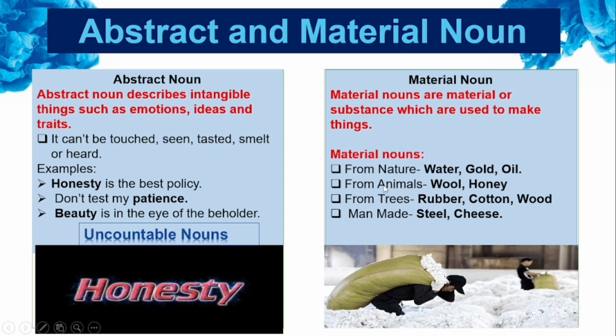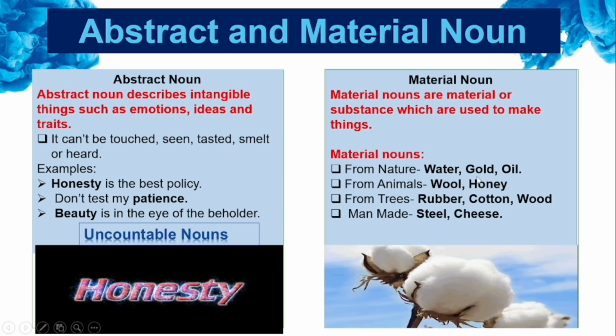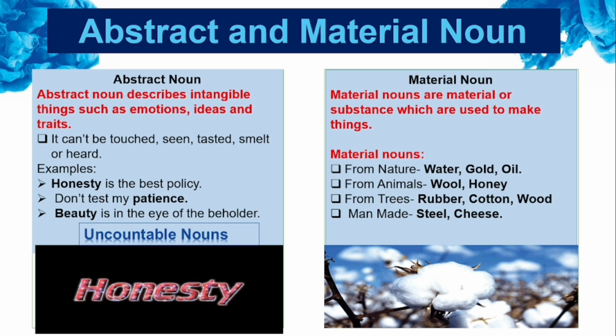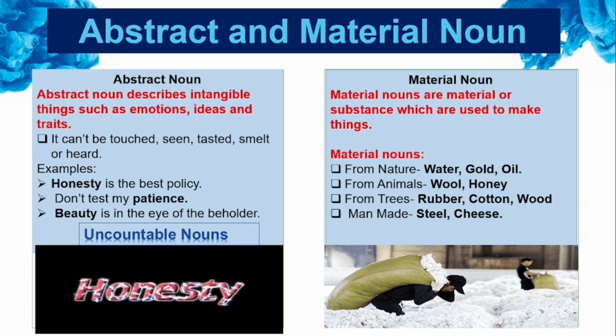Why so? Because from animals, let me give you an example here. From animals we are getting wool, so of course it is uncountable. Honey, it is uncountable. But if I say egg, so we are getting eggs from animals, isn't it? And it is countable, right?